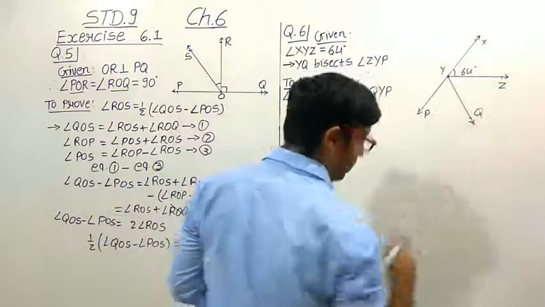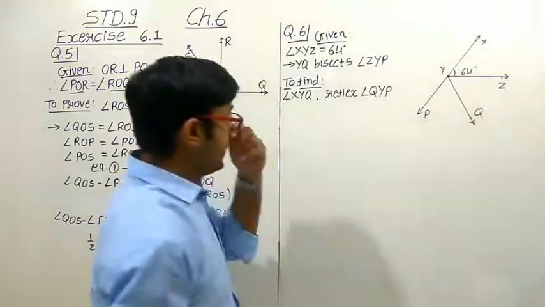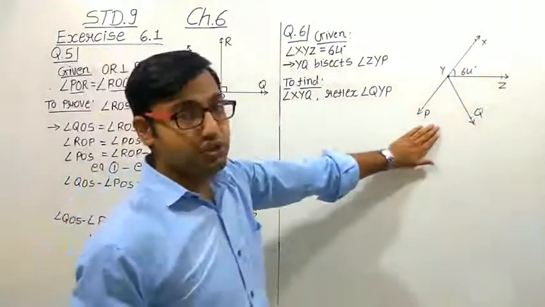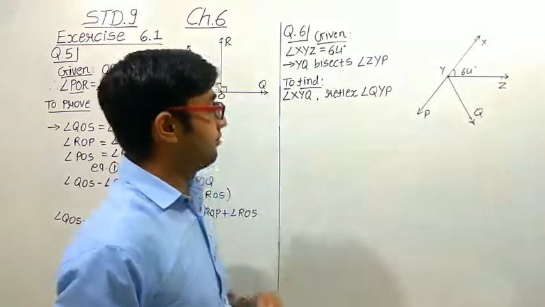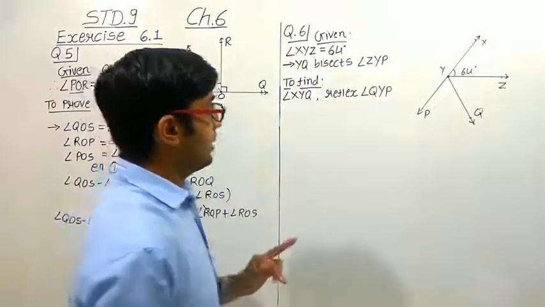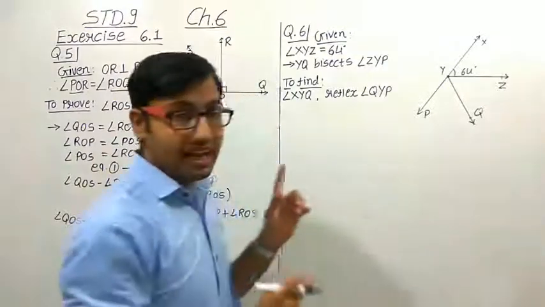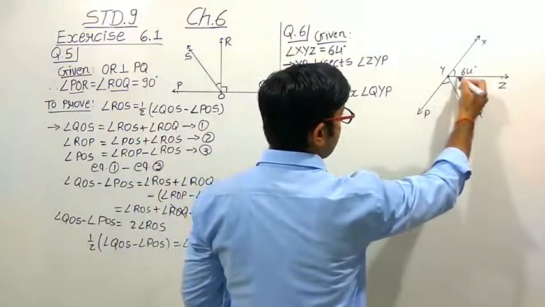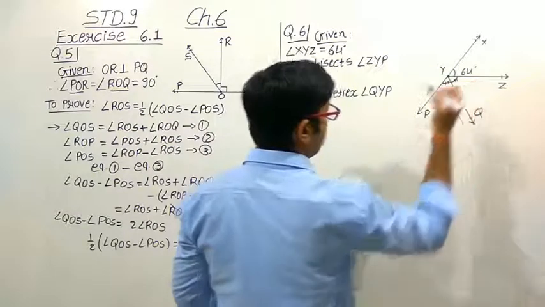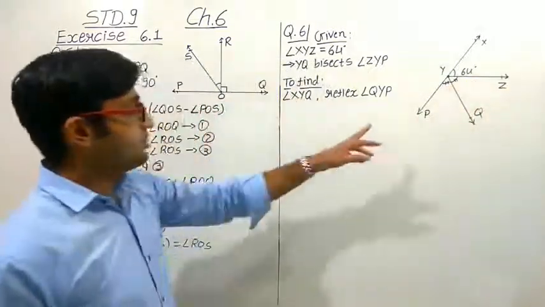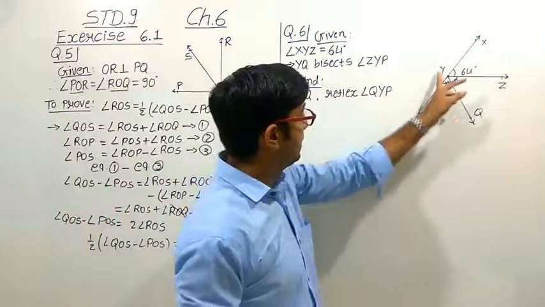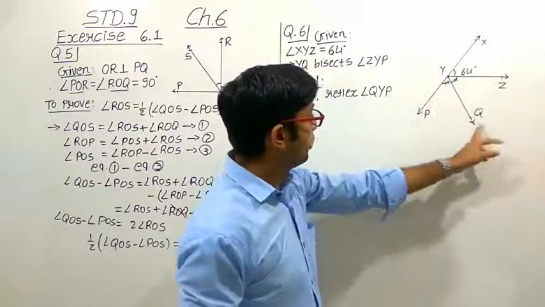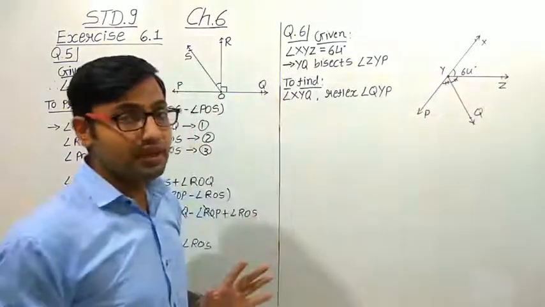This is Q. So from the given information we have drawn the diagram. Here we know that YQ is the angle bisector. So this angle and this angle will be equal, right? So these two angles PYQ and QYZ both will be equal.